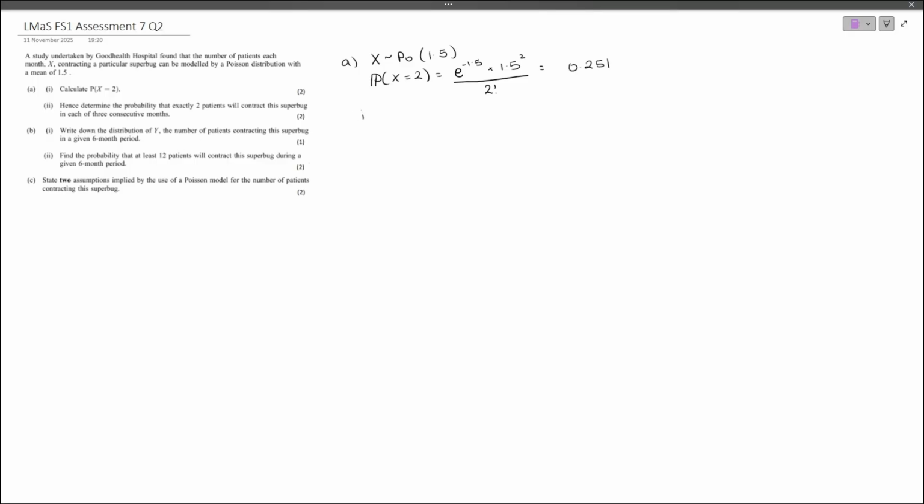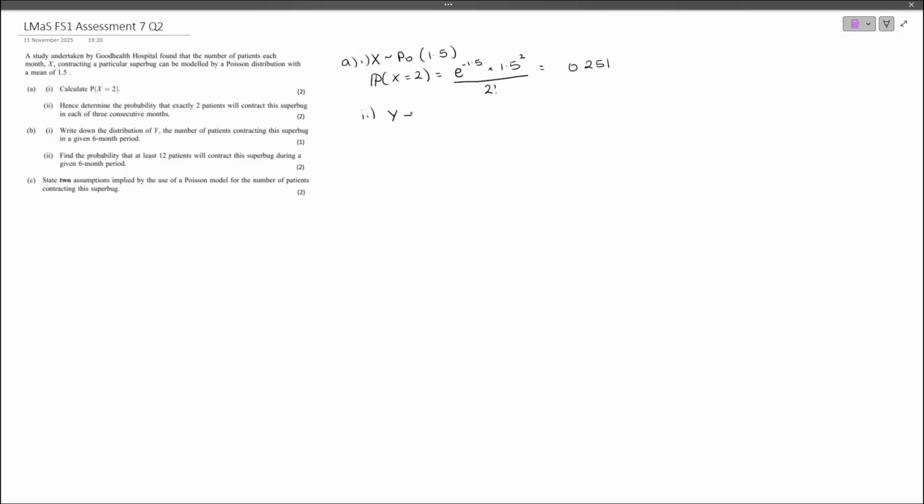Part 2. I'm asked to determine the probability that exactly 2 patients will contract the superbug in each of 3 consecutive months. We can model this as a binomial situation.